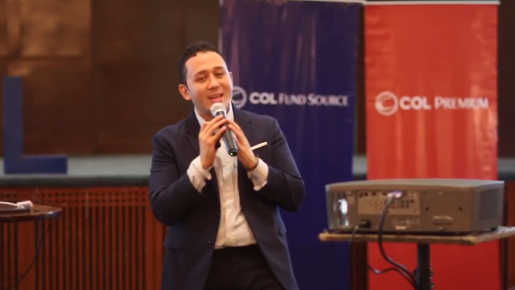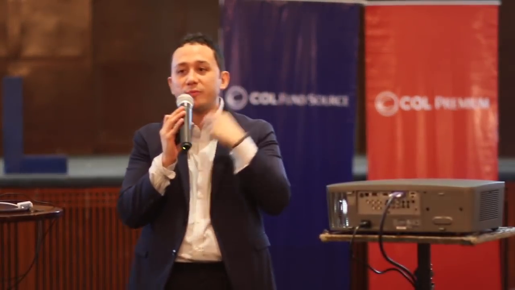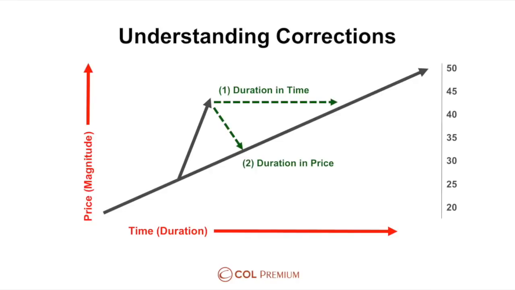Profit taking can take two forms of duration, and this is very important for you guys to understand. The first is duration in time, and the second is duration in price. The reason why we need to identify what type of duration is ongoing is because it will dictate the type of tools and techniques that we will be using to operate the issue or to enter the issue.